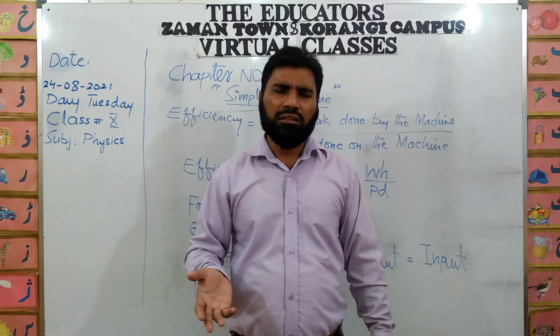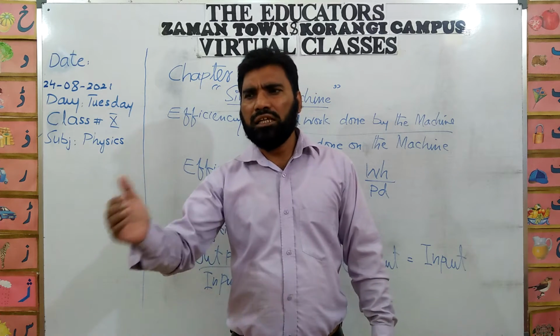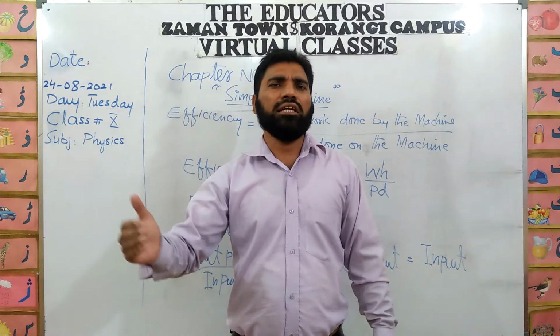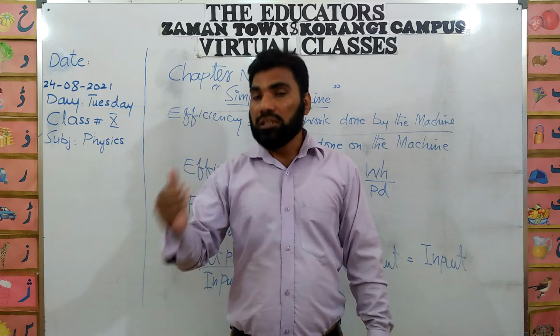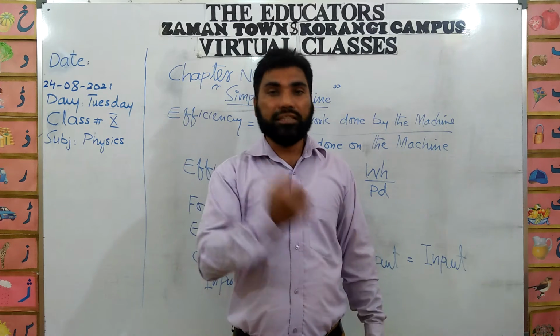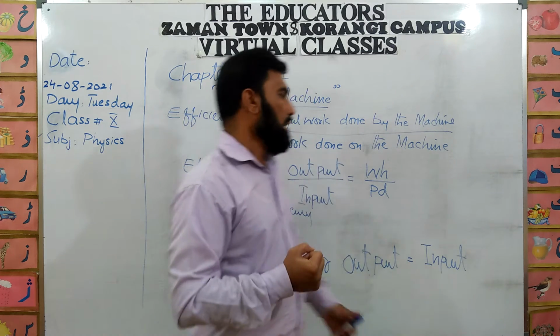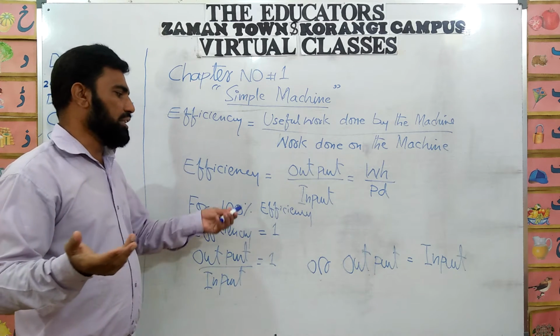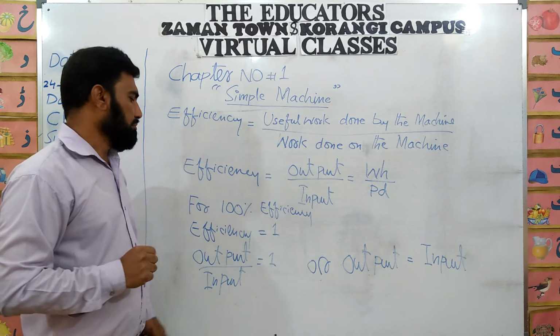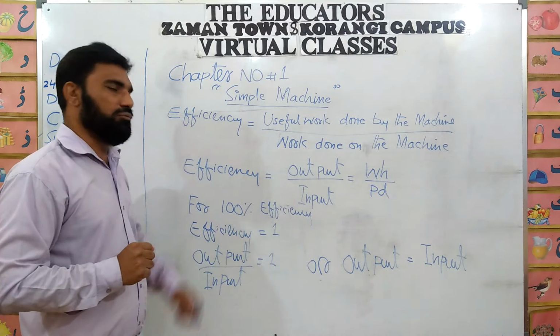For example, the efficiency of your machine may be 90%, 70%, 40% or 60% in the real case, but for the ideal case it is 100%. It means the efficiency is 1.